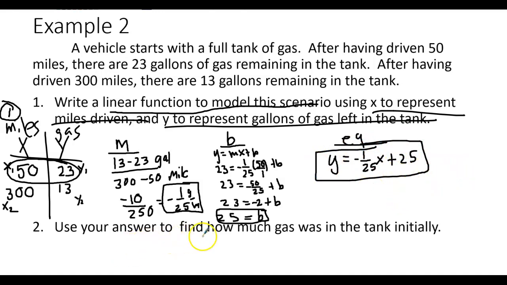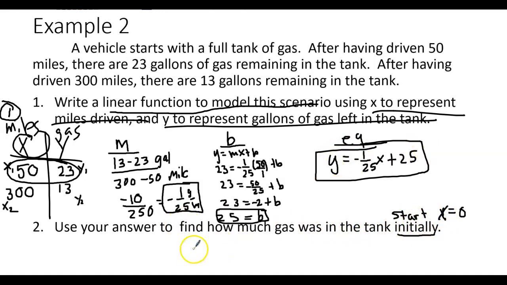All right, use your answer to find how much gas was in the tank initially. Initially is a fancy word for at the start. So at the start of our problem, we have gone 0 miles. So that means that x equals 0. That means I'm going to plug 0 in for x.